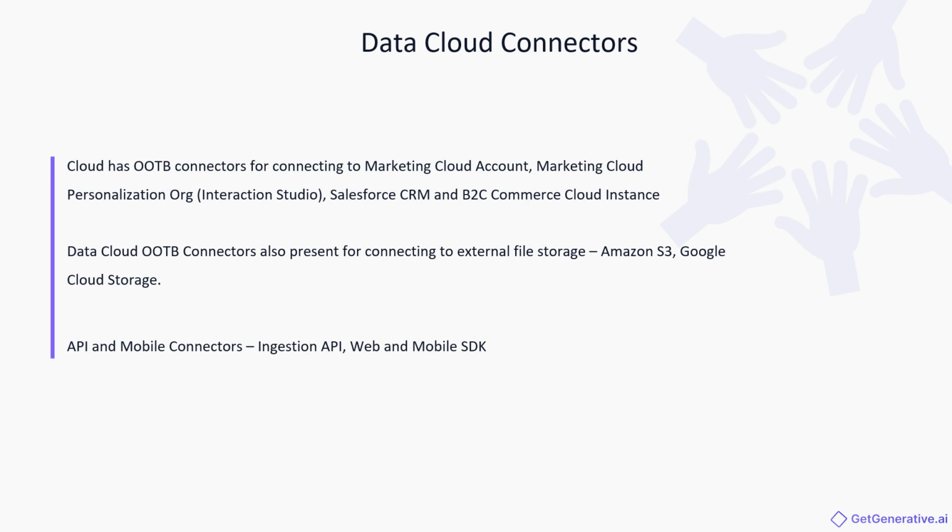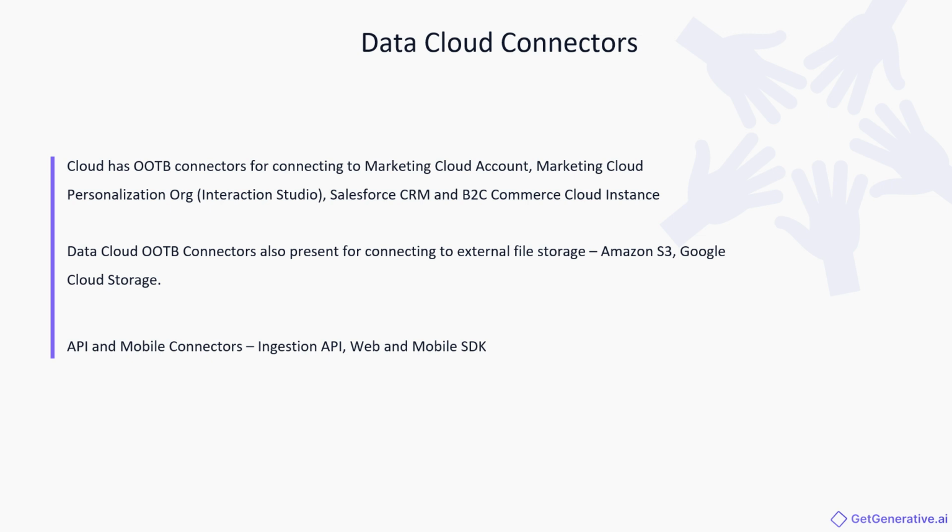Next, we are going to discuss Data Cloud connectors, other connectors besides Salesforce CRM. So you have a connector with Marketing Cloud Engagement. You have a connector with Marketing Cloud Personalization. Salesforce CRM, of course, we have already discussed. B2C Commerce Cloud instance is also a standard connector where you just do point and click and you're able to connect.